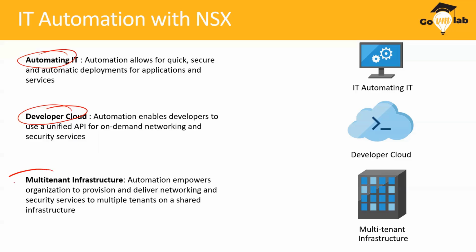Multi-tenant infrastructure. NSX also helps us to create a model where multiple tenants can be set up on a shared infrastructure. Because when you talk about vSphere networking, this was not possible, as I said, vSphere networking is only giving you the layer 2 networking. But when you talk about NSX and start learning NSX switching basics, routing basics, firewall basics, you will see that they have a concept of single-tier routing and two-tier routing topology, where we have tier 1 gateways and tier 0 gateways.